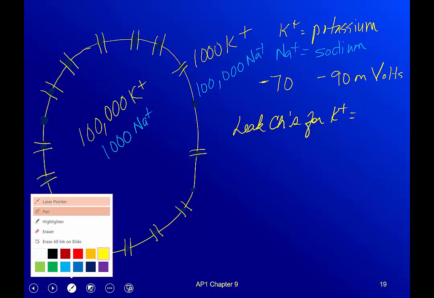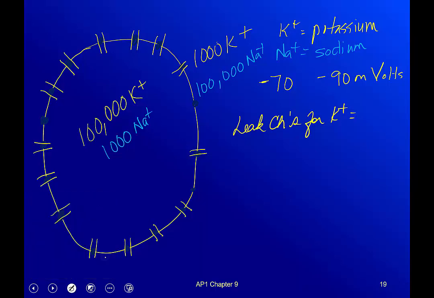So I have 14 leak channels for potassium. That's a lot of leak channels. Pretty much any potassium that's anywhere around the cell has an access point.